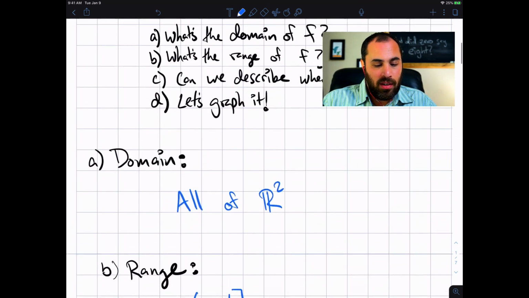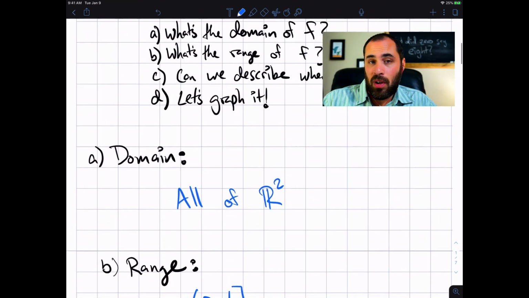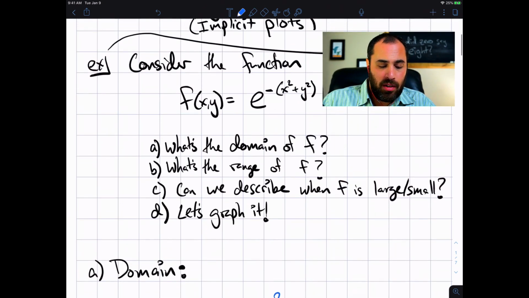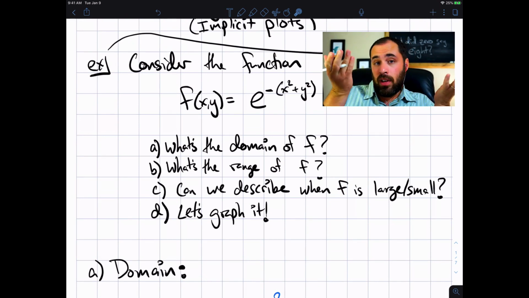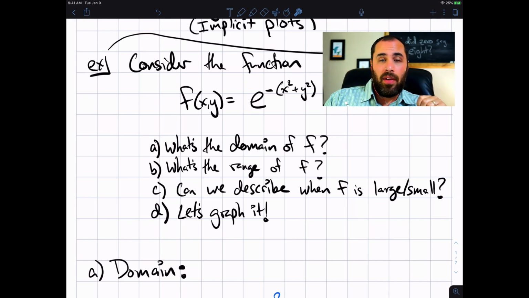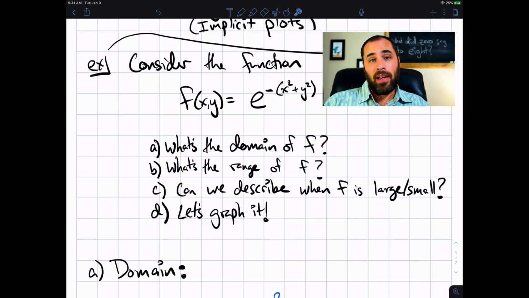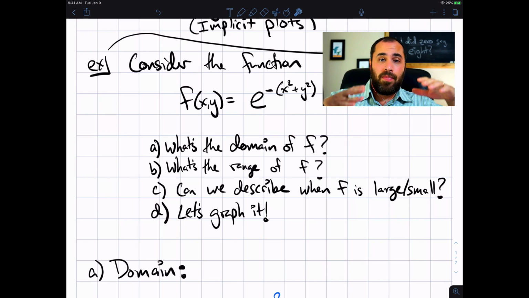So part C, where is it large and small? We sort of did this as we thought about the range, but, well, when the exponent is small, when it's close to 0, or a small negative number, the output of the function will be higher, relatively higher, close to 1. And then when x or y get large, it will sort of damp down the function, and it will get close to 0.